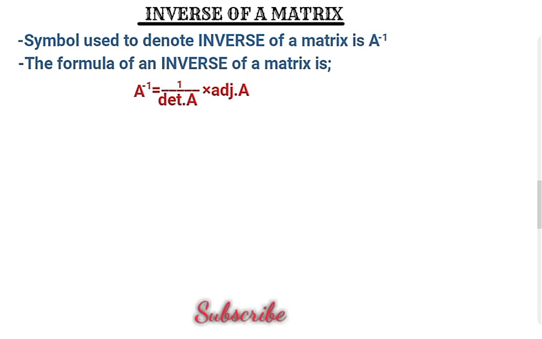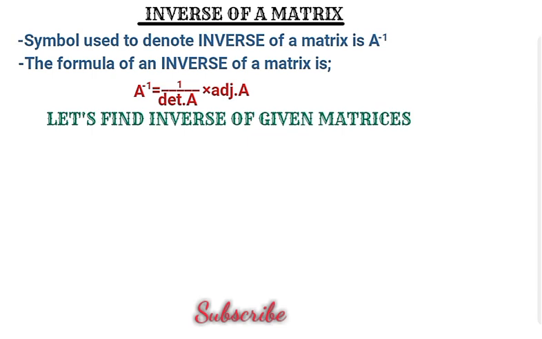Now let's find the inverse of given matrices. I'm not going to talk about finding the determinant or adjoint, because we looked at those in previous videos. If you are not sure how to find a determinant, there are links in the description box.